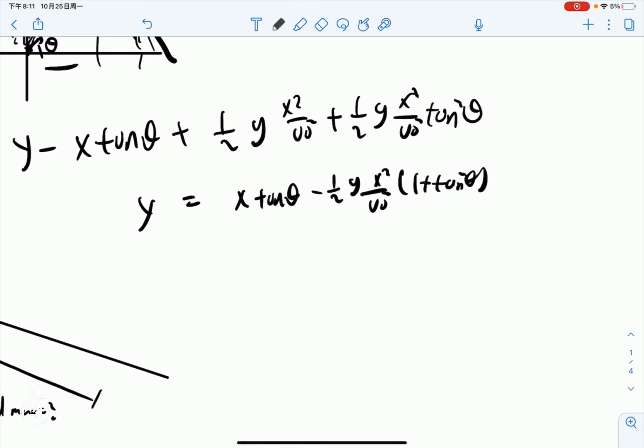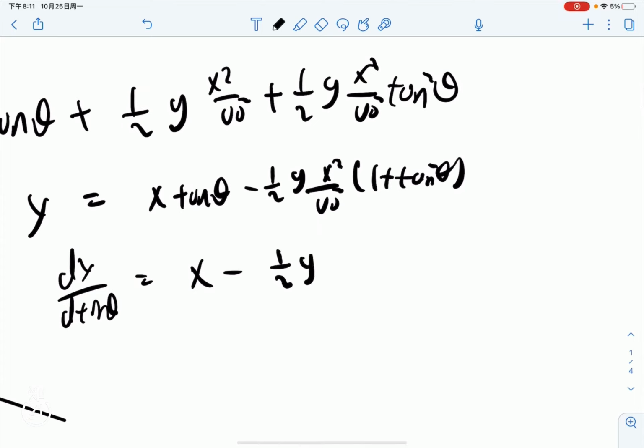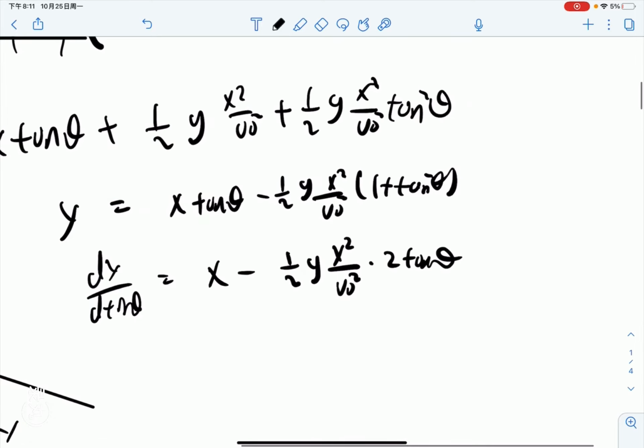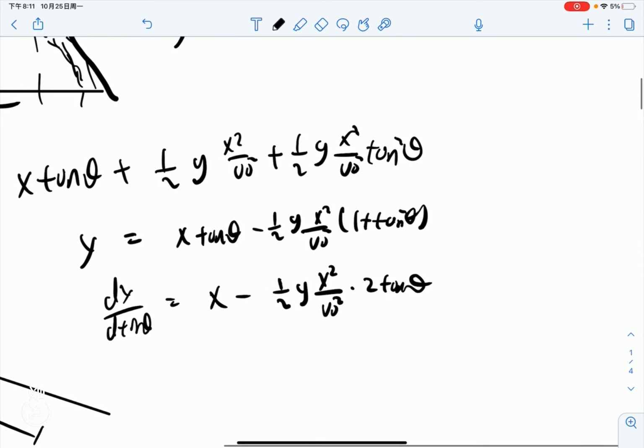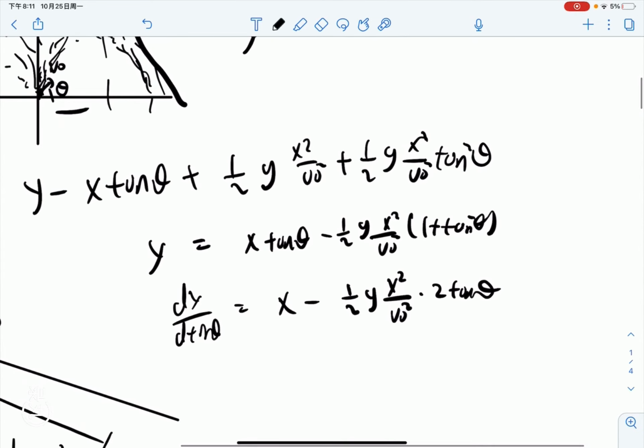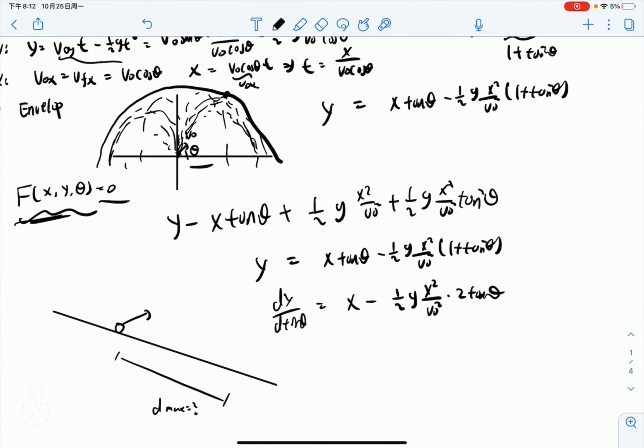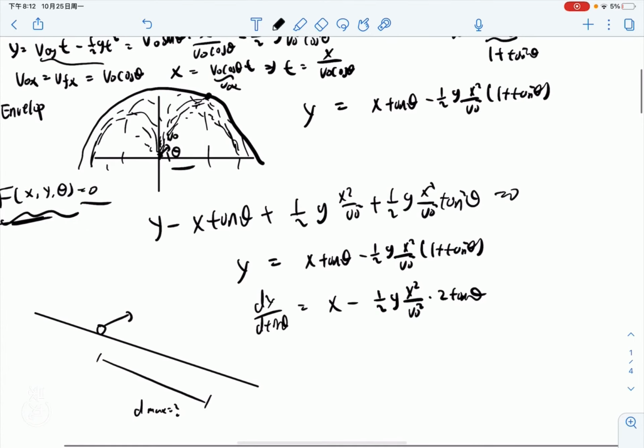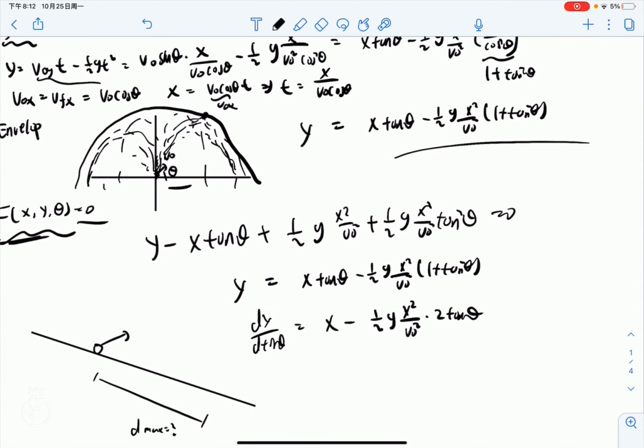So now we take dy d tangent, which is equal to x minus g x squared over v0 squared times tangent, and this is equal to 0.